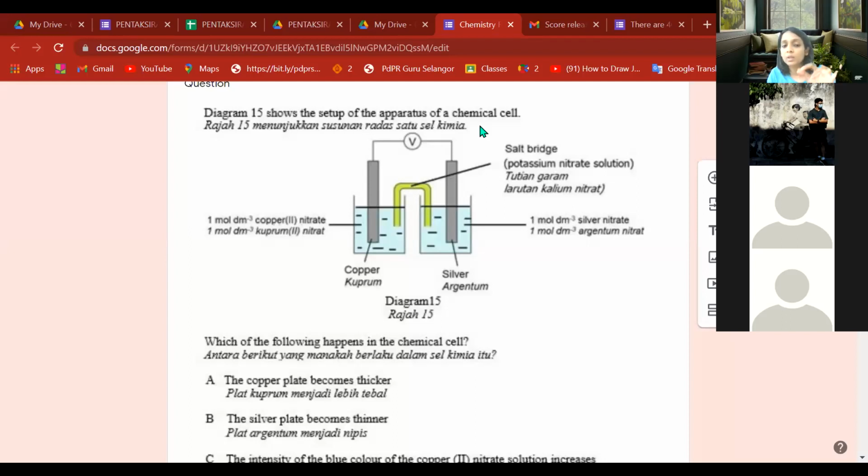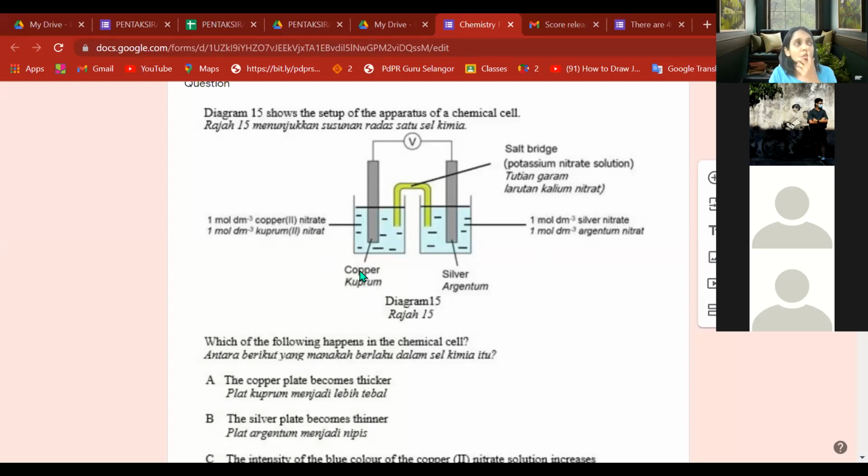So use the right term. You must look at the SEP value, the standard electrode potential value. If my value is more negative, that is my anode. If my value is more positive, that is my cathode.